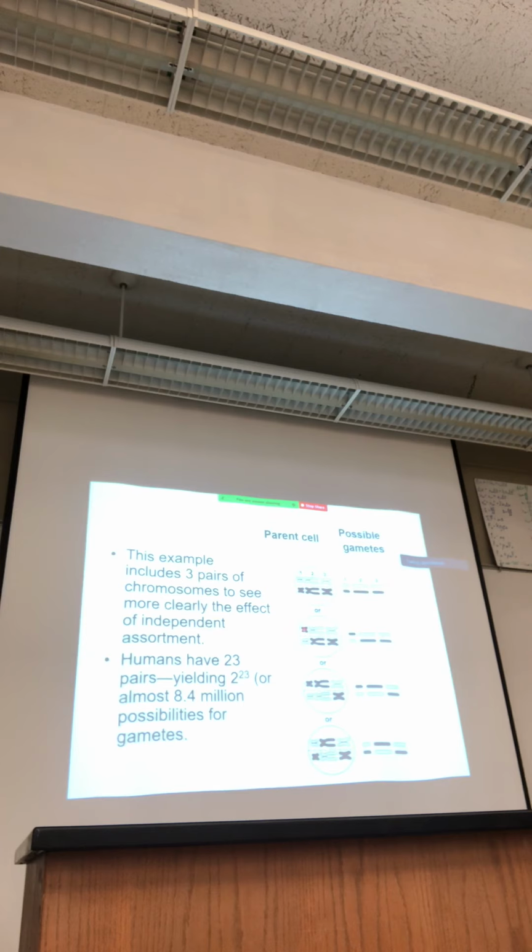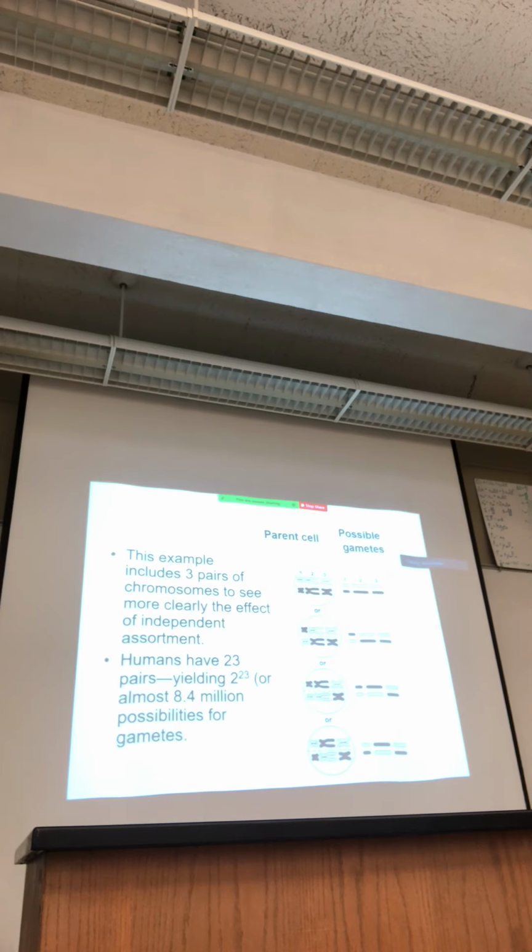You could have number 1 for the mother and number 2 and 3 from the father together. You can have 1 and 2 from the father and 3 from the mother, and 1, 3 from the father together. Or you can have 1 and 3 from the father and 2 from the mother. So there's 4 different ways you can line them up, which means you get 8 different possibilities for your gametes.